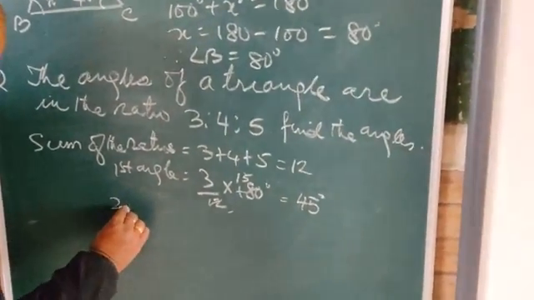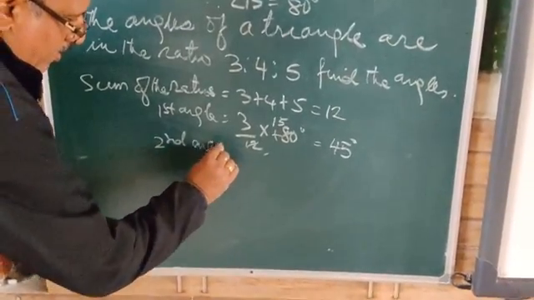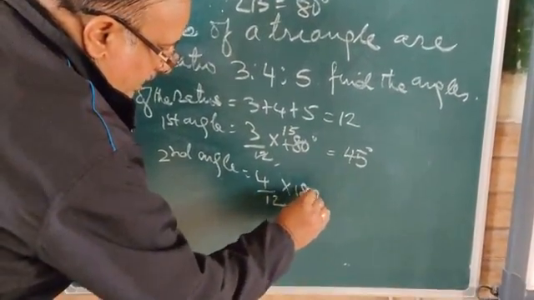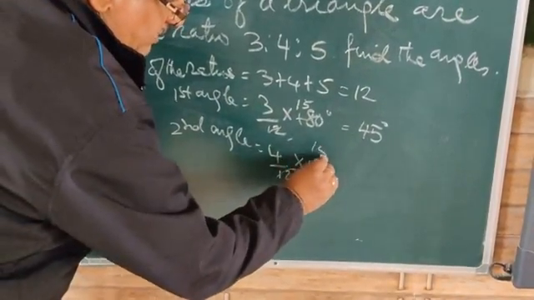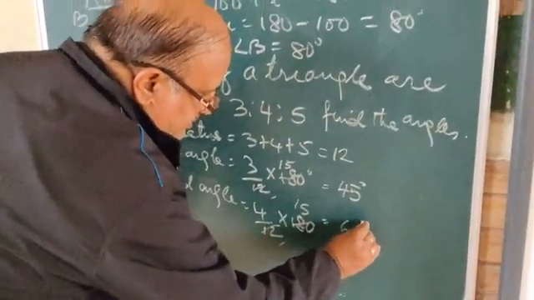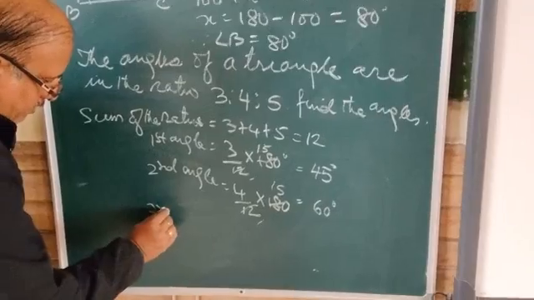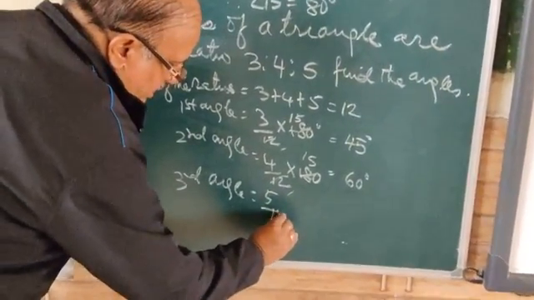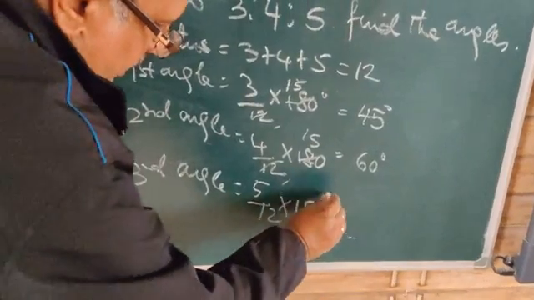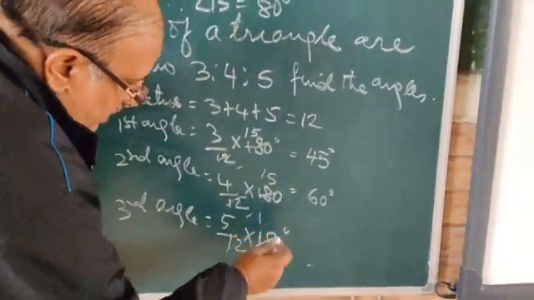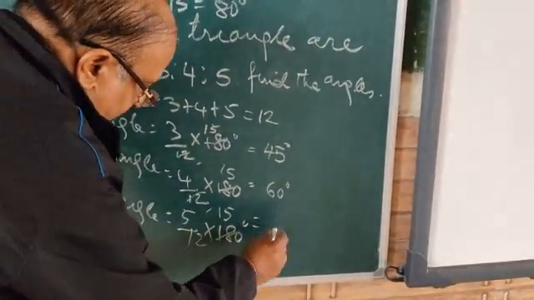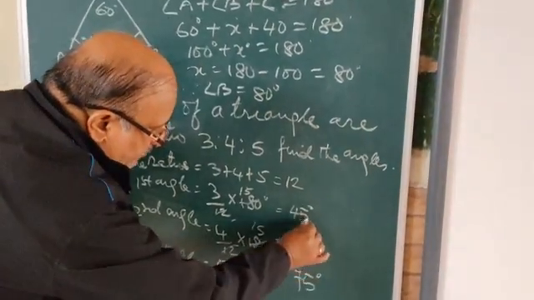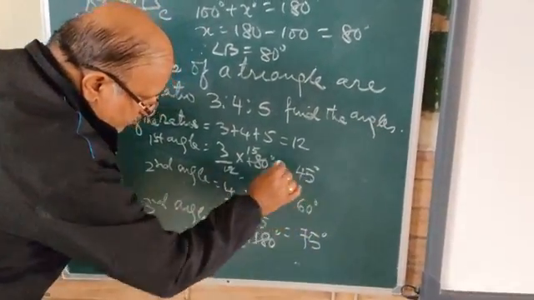Now the second angle is equal to 4 by 12 into 180, which is 15 fours are 60. Then the third angle is equal to 5 by 12 into 180, so 15 fives are 75 degree. If we add, it should become 180: 45 plus 60 plus 75 is 180.